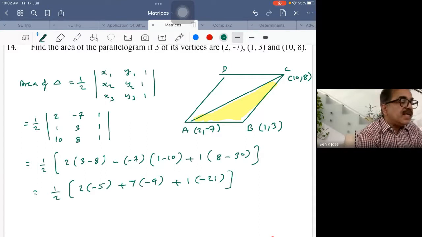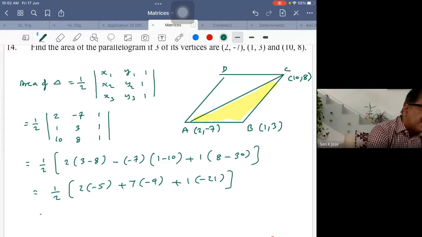You should know that the area cannot be negative, so you will take the absolute value of it. Make it positive. So half into negative 10 minus, in this case, it is going to be a negative answer. That's negative 63, negative 21.